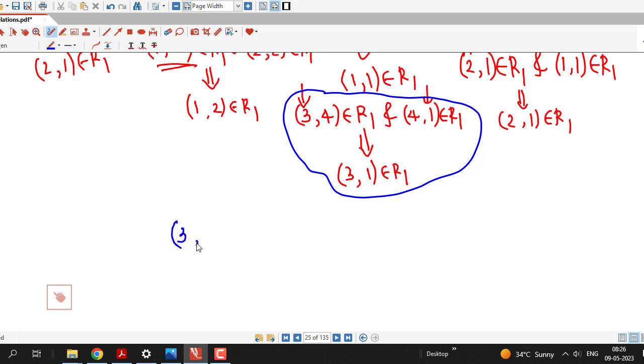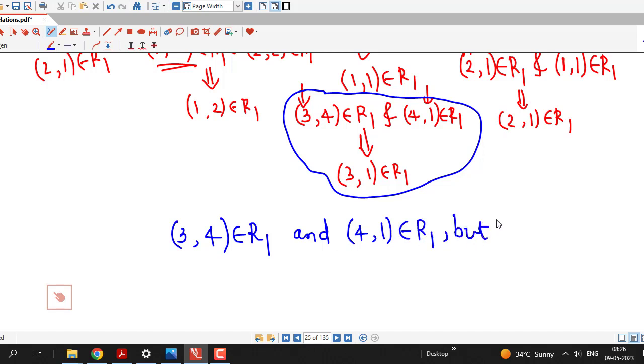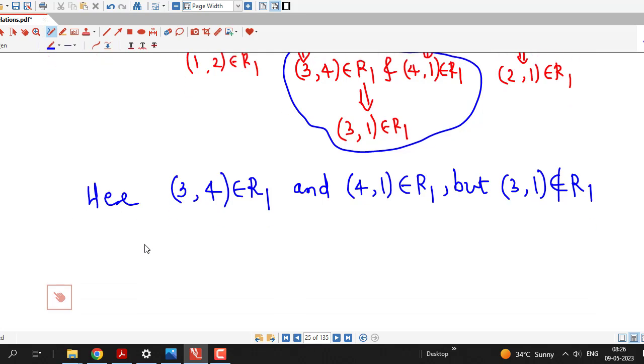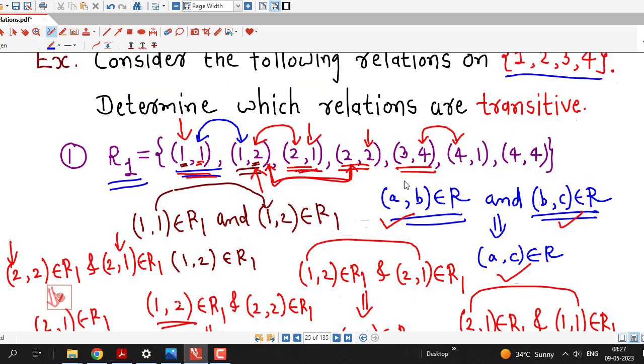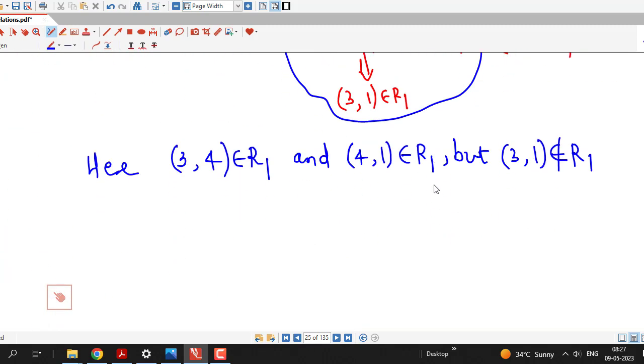We have obtained that (3, 4) is present in R1 and (4, 1) is also present in R1, but (3, 1) is not present in R1. Therefore R1 is not transitive.